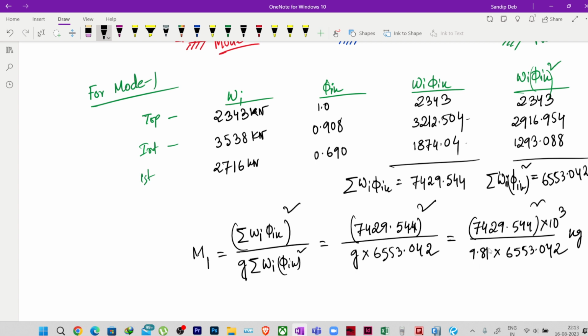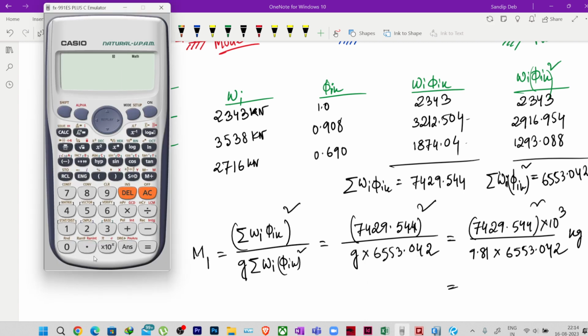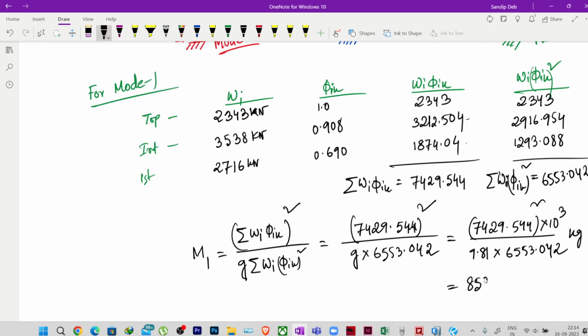Keeping the 10 cube separate, we get 858.642 multiplied by 10 cube kg.